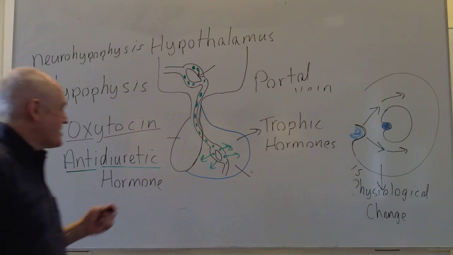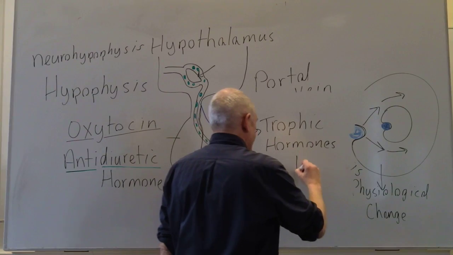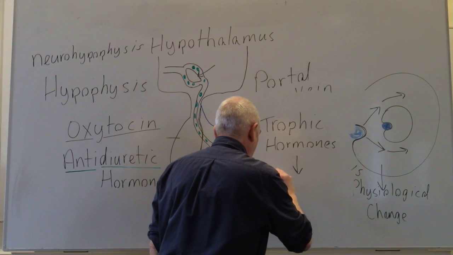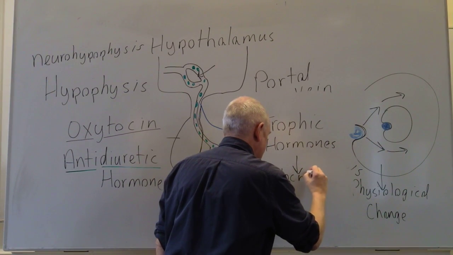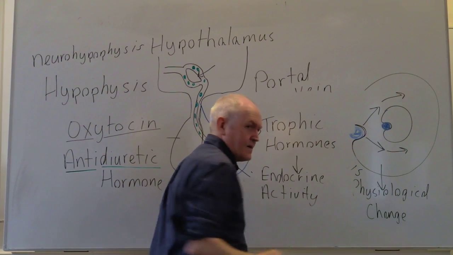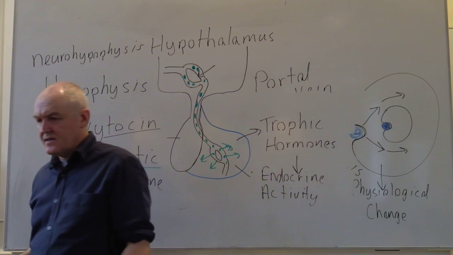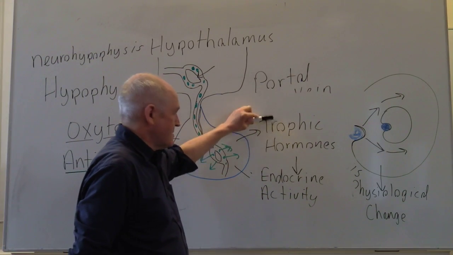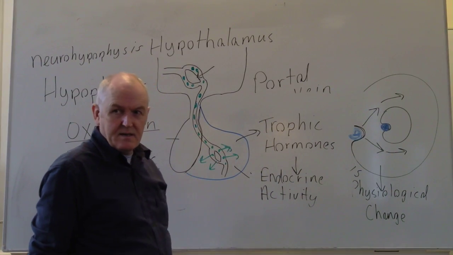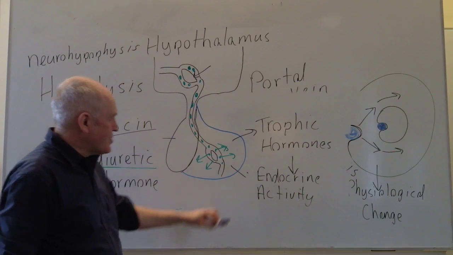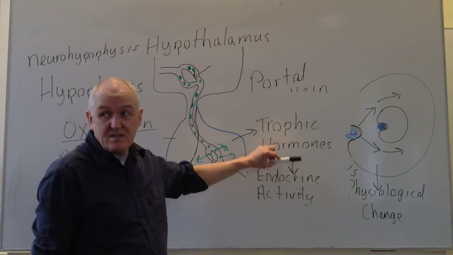And it's these hormones that regulate the activity of the rest of the endocrine system. So the endocrine activity, or most of the endocrine activity in the body, is coordinated via trophic hormones released by the adenohypophysis to control the activity of the rest of the endocrine system.